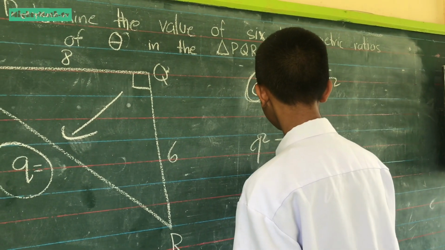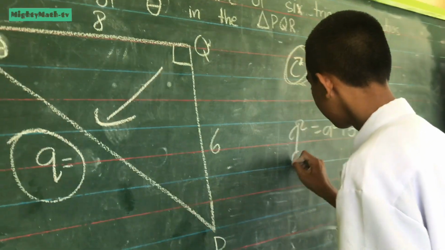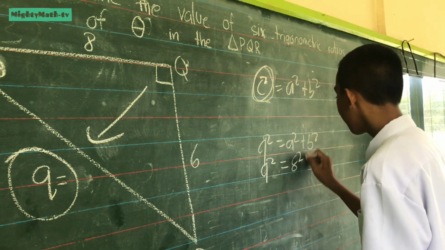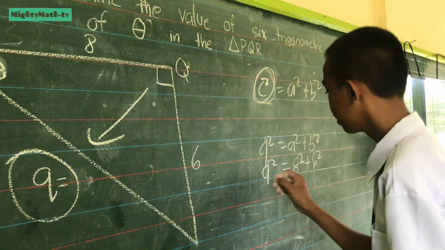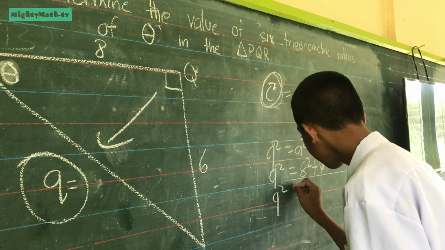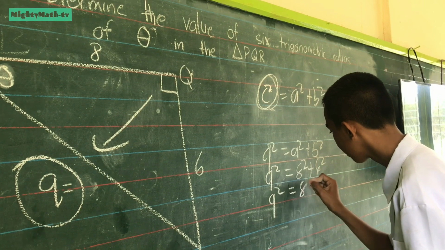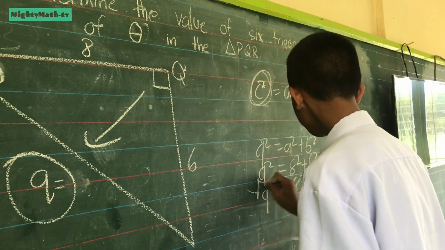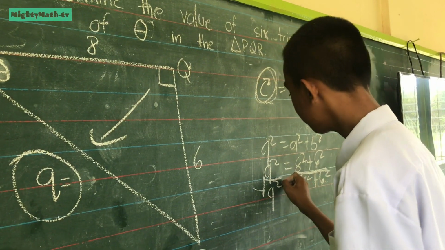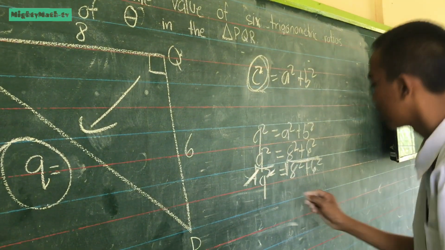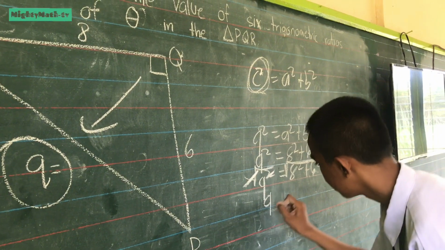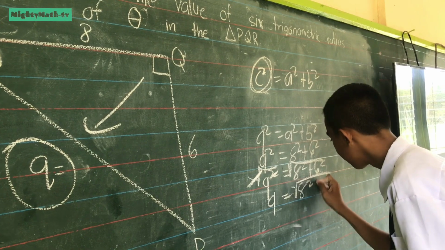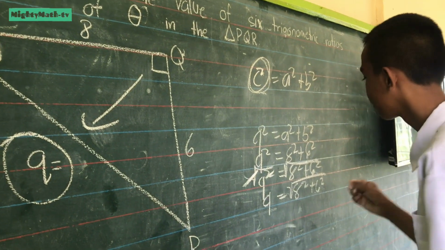Now, let's replace their values. q squared is equal to 8 squared plus 6 squared. And let's take the square root of both sides to eliminate the square. Now, we're left with q is equal to the square root of 8 squared plus 6 squared.